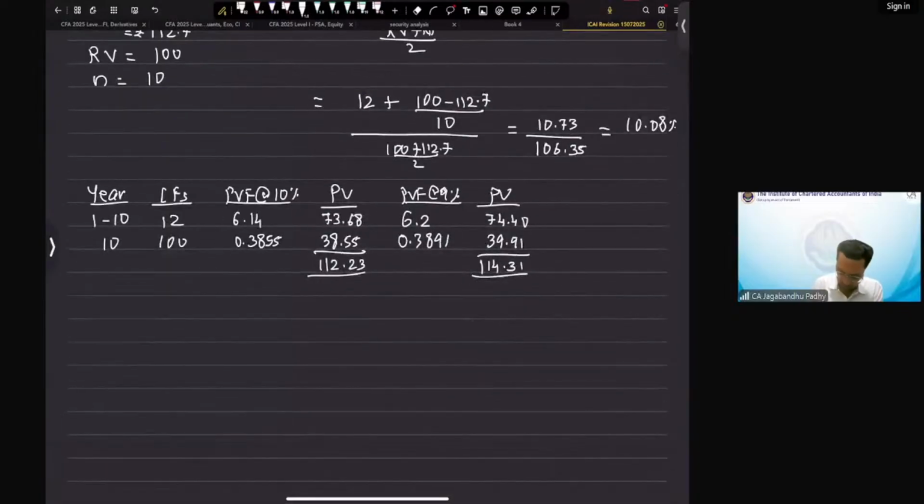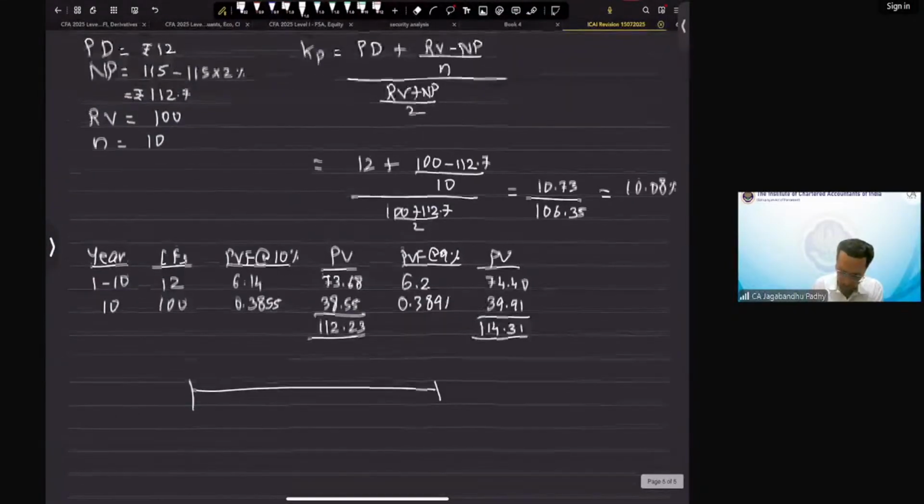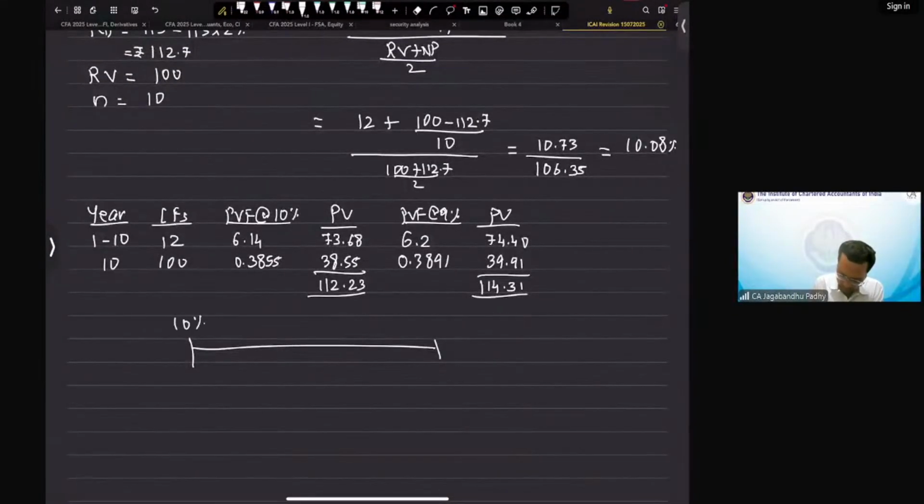Now we do the interpolation between them. So at 10% we had 112.23. Then at 9% we have 113.31.